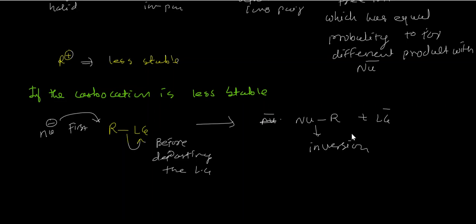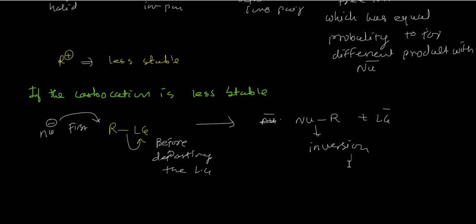When the inversion takes place in a molecule while understanding SN1 stereochemistry, in that case the R plus group, that means the carbocation, is less stable. So this R plus is less stable, then the nucleophile attacks from the backside, the leaving group departs after that, and inversion takes place. Thus in this case the reaction proceeds with racemization plus some net inversion.